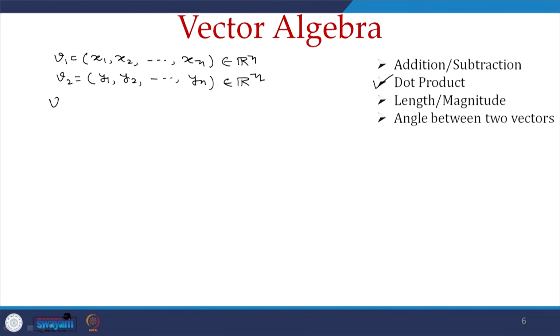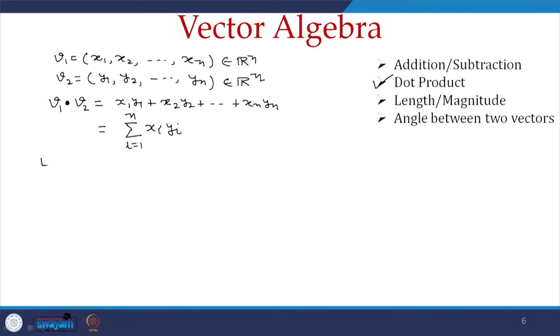Then dot product of v1 with v2 will be a scalar which is nothing but component wise multiplication: x1 y1 plus x2 y2 plus ... plus xn yn, or in short I can write it as summation i equals 1 to n of xi yi.